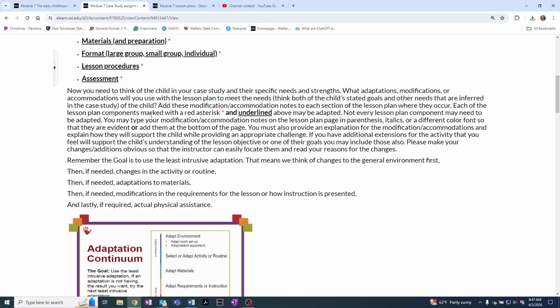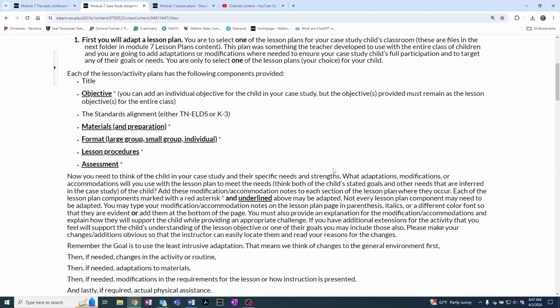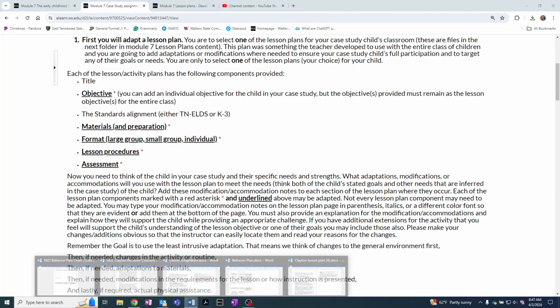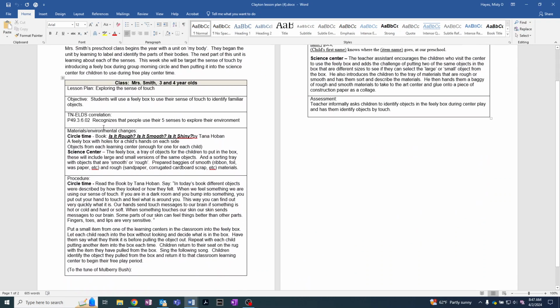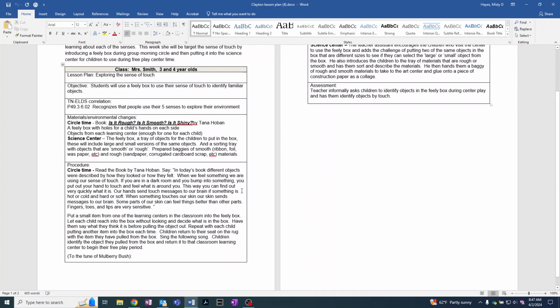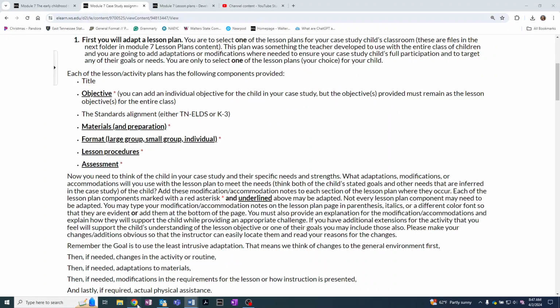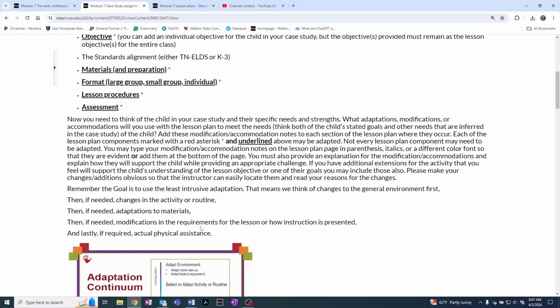Each lesson plan component marked with a red asterisk and underline above may be adapted. Okay, so all these things here you can fix. So, let's look at the lesson plan again. Okay, a lot of those things can be fixed. Some things may not be, okay?